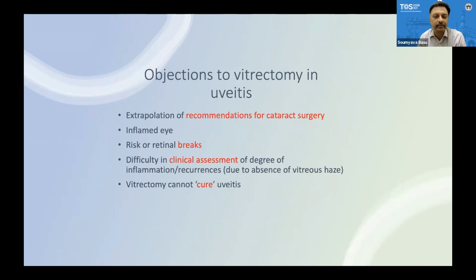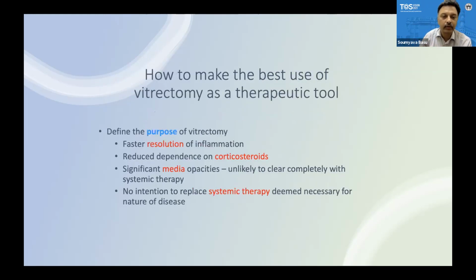One of them is, these are mainly extrapolated from the recommendations for cataract surgery in uveitis, and it says that it should not be used in an inflamed eye because there's a very high risk of retinal breaks in an inflamed eye, and once you've done a vitrectomy, it's more difficult to assess the amount of inflammation inside because the vitreous haze is lost. And finally, that vitrectomy cannot cure uveitis, which we all know. It's not going to cure the uveitis. So let's see how it is going to help us.